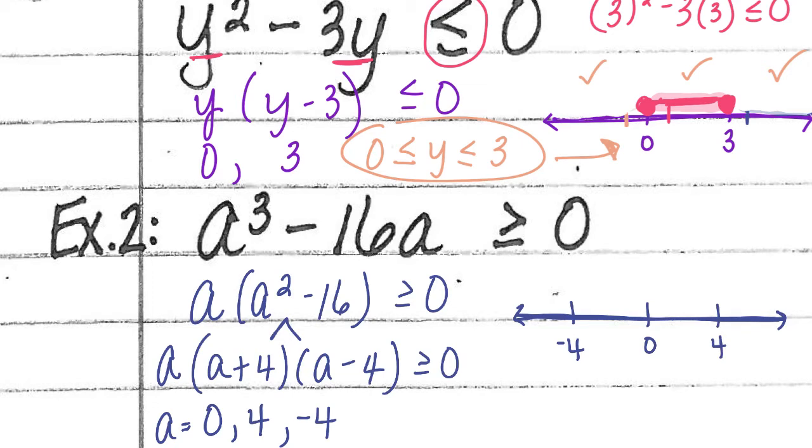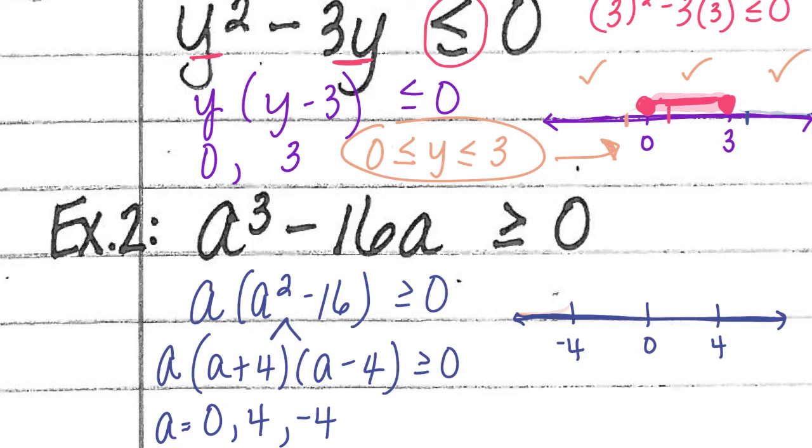So let's find a number that is smaller than -4. I'm going to try -5. Well, negative 5 cubed minus 16 times negative 5, is that greater than or equal to 0? I plugged that one in my calculator and it said negative 45, so that doesn't seem to work. So I'm going to erase all my work, and I know this area is not going to work.